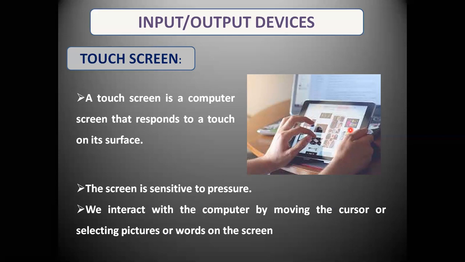All this is now done just using your finger or a stylus if you are using it for your touchscreen pad. All the work is the same as the mouse, but instead of that external mouse, this touchscreen is acting as your input device. As you can see, the same touchscreen is also acting as the output device because it is also showing the results of whatever you are inputting.